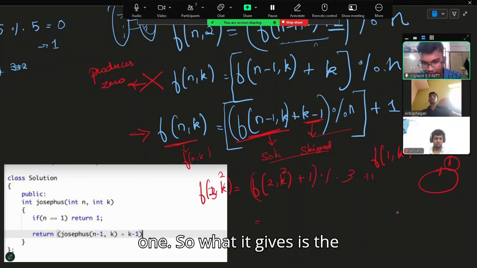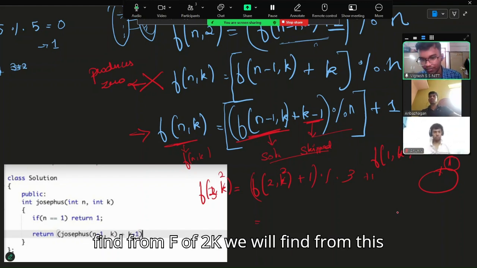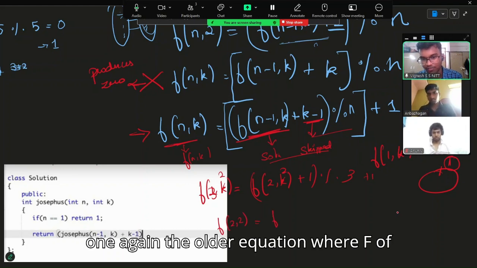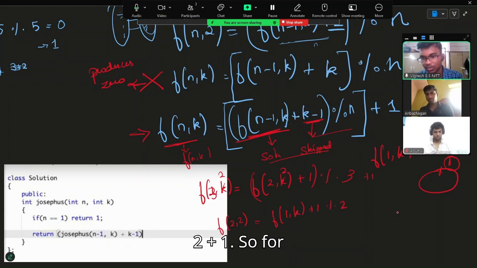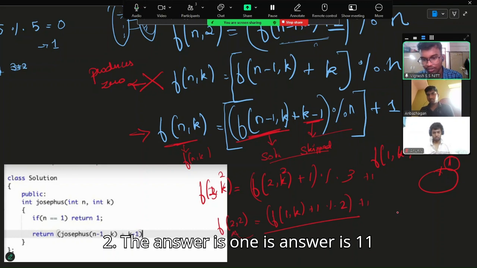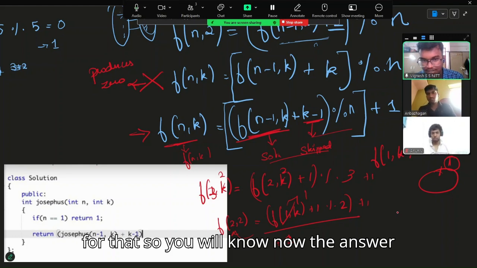What it gives is the solution for f of 2 k, which we don't know, so we find it from the older equation using f of 1 k, plus 1, modulo 2, plus 1. For f of 2 comma 2, the answer is 1. 1 plus 1 is 2, 2 modulo 2 is 0, 0 plus 1 is 1.